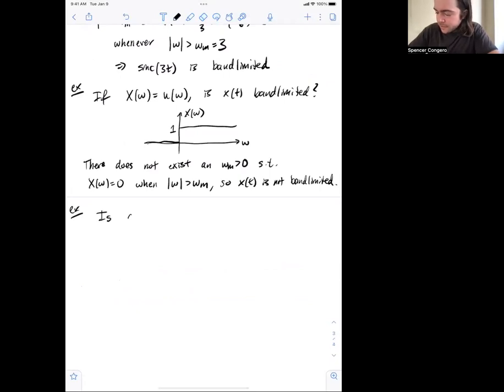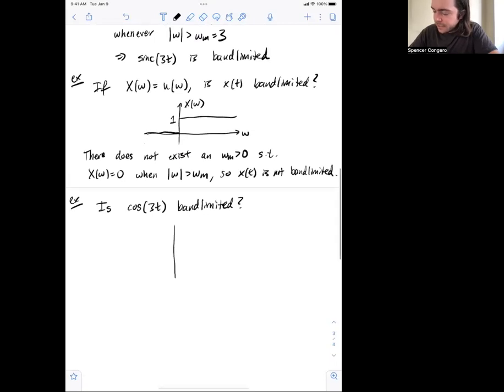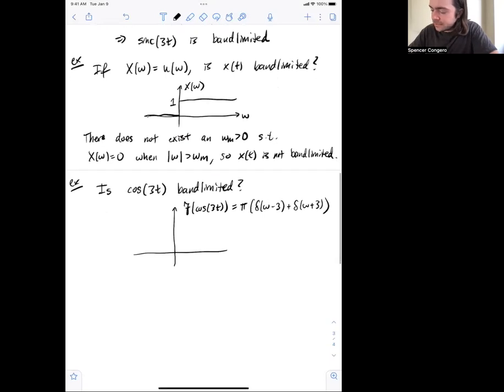So how about cosine of 3t? Is cosine of 3t band limited? Well, let's check. What's the Fourier transform of cosine of 3t? Again, this is a common Fourier transform pair we know about. It's just pi times delta of omega minus 3 plus delta of omega plus 3. So what does that look like?